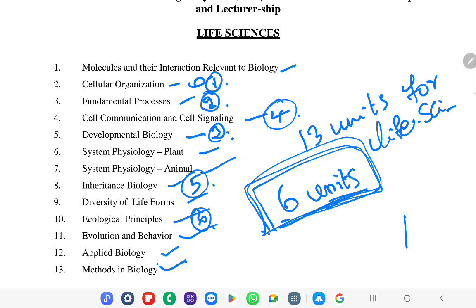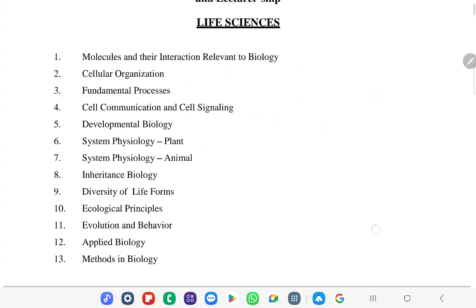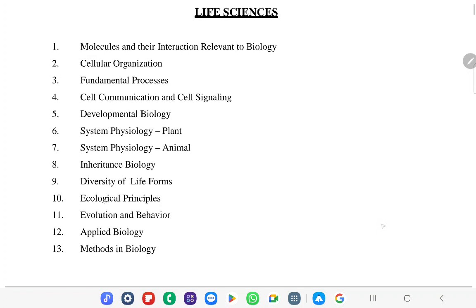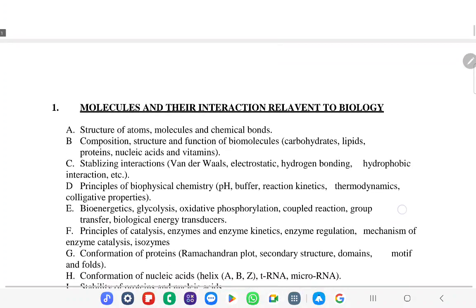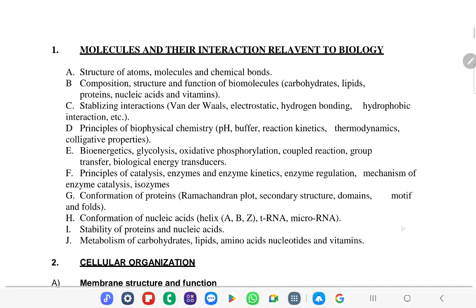So, first, molecules and their interaction. What are the key topics given in this examination?